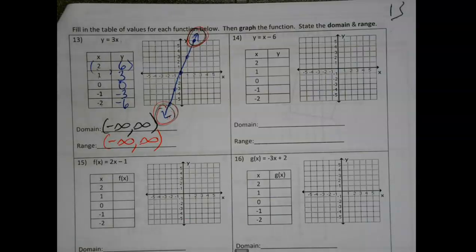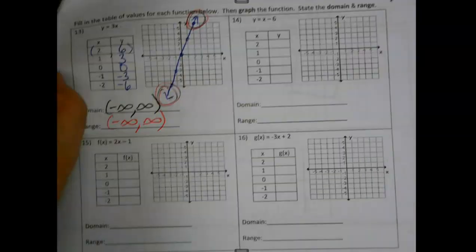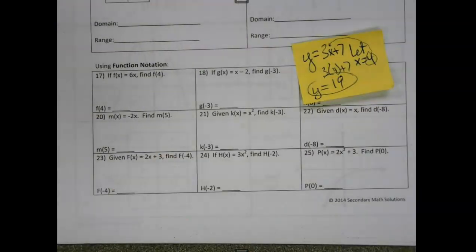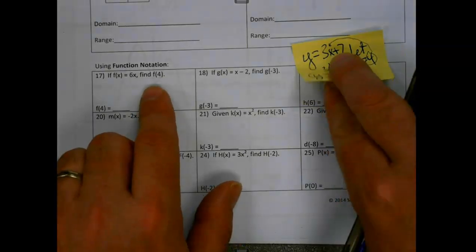But the one thing we did not chat about in the notes that I'm going to do very quickly, with just a couple of examples to make sure we're good. At the very beginning of the lesson, I talked about when you plug in for y, like y equals 3x plus 7, let x equal 4. That's what this is.